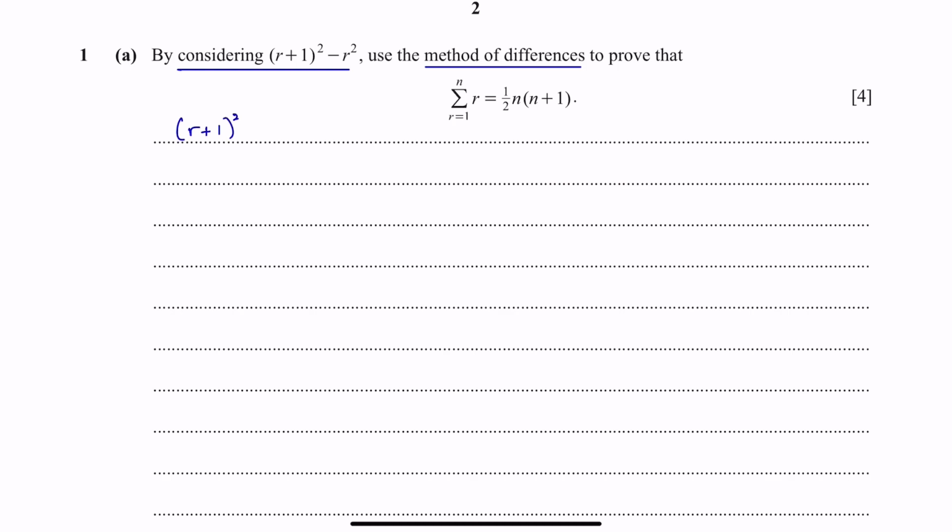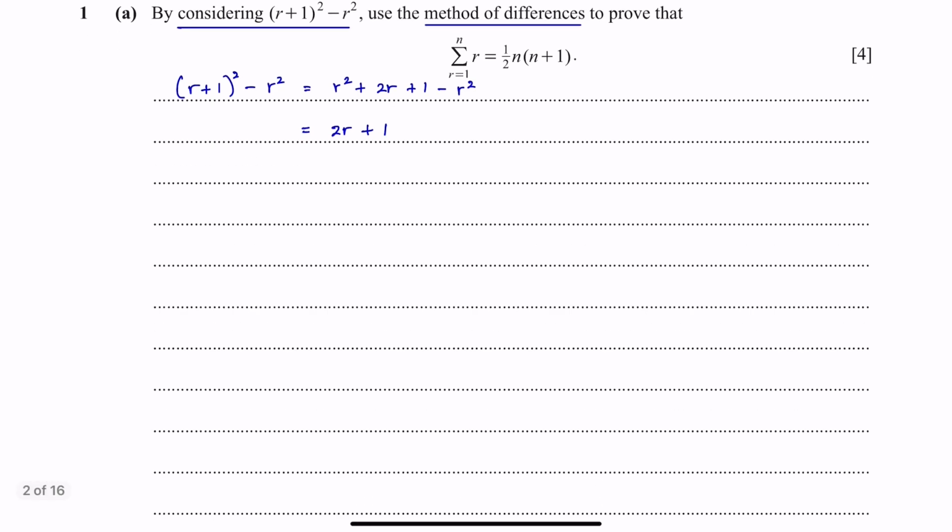So first we'll be looking at r plus 1 squared minus r squared. So this will be 2r plus 1. Now we'll just leave this aside and we'll do the method of differences for now.